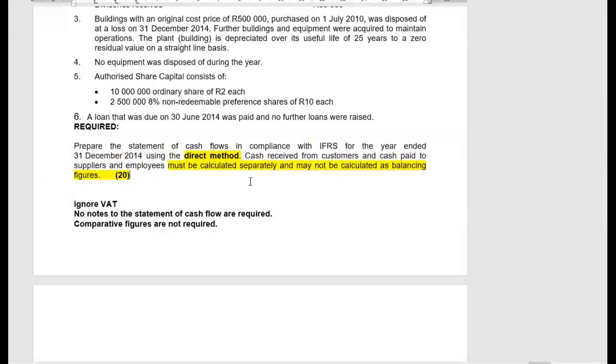If that is the instruction, you have to follow it, otherwise you're not going to receive a single mark for the attempt. They say to ignore that. No notes to the statement of cash flow are required, so I don't even have to do the reconciliation note, and comparative figures are not required.